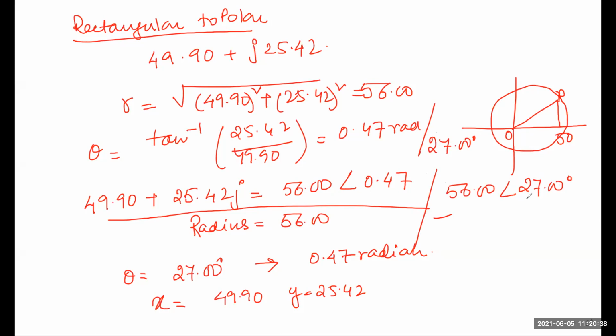This can also be done if you want. The basic equation which comes, I told you, is r cos theta plus j sin theta. From that you have to find out. Similarly, you can do the same for any.